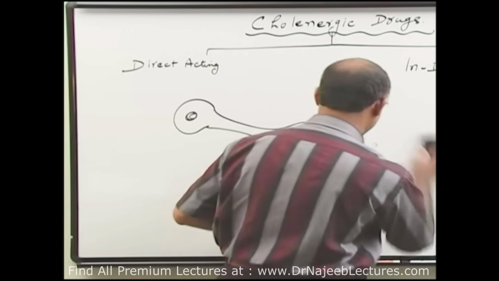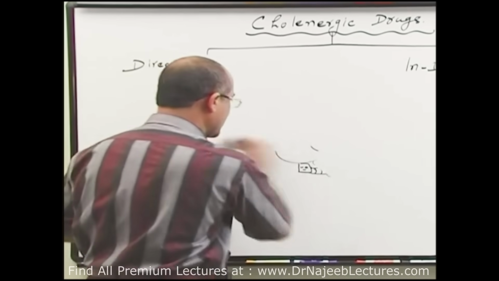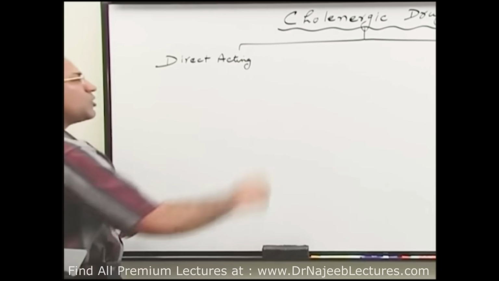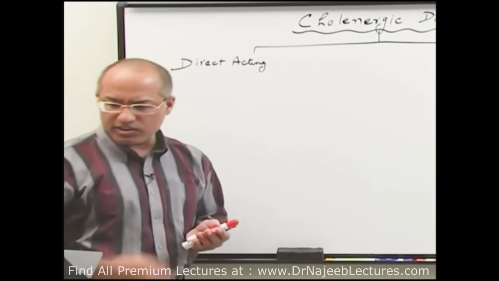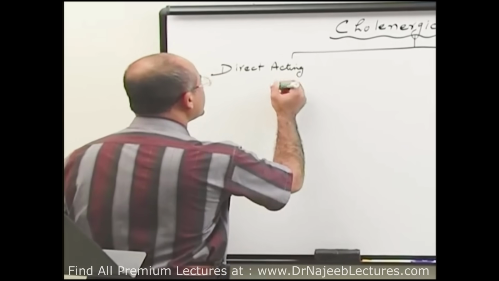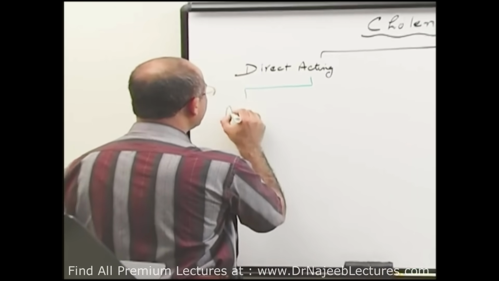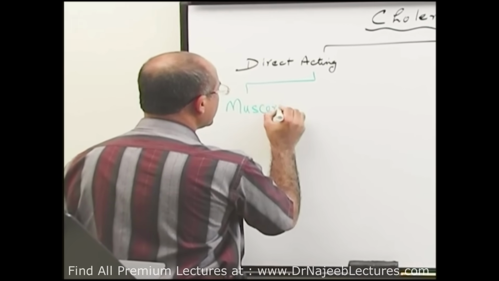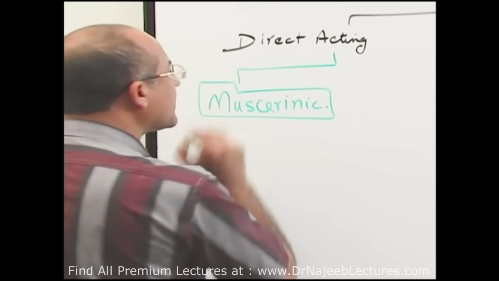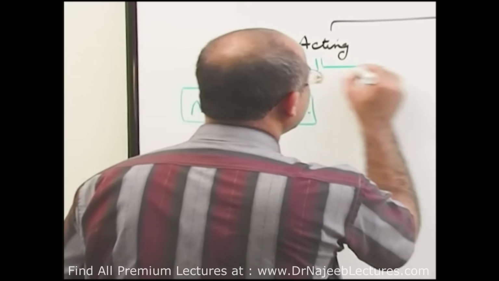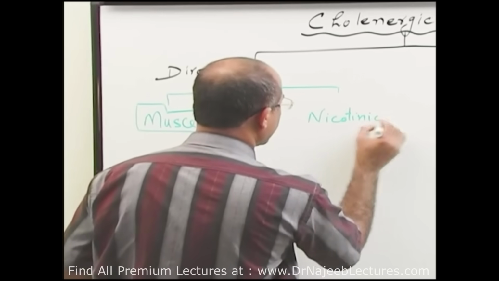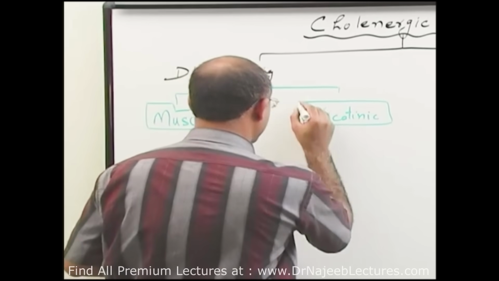Now, what are the different types of direct-acting cholinergics? First I will discuss the direct-acting cholinergic drugs in the lecture, and later on we will talk about indirect-acting cholinergic drugs. Now direct-acting cholinergic drugs may be mainly muscarinic drugs, which dominantly stimulate the muscarinic receptors, and the other group is nicotinic drugs, direct-acting drugs which preferably stimulate the nicotinic receptors.